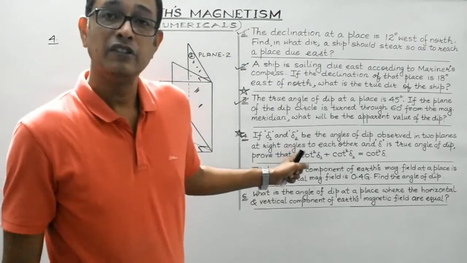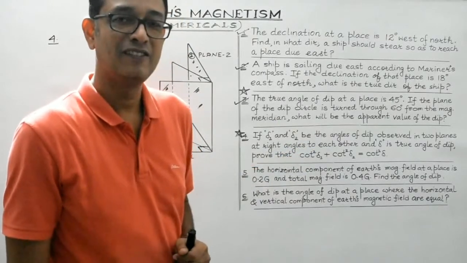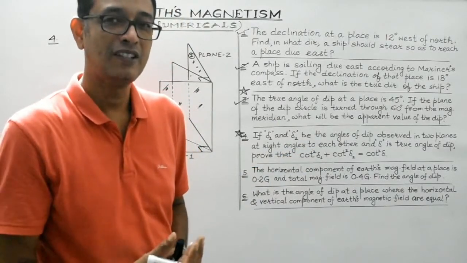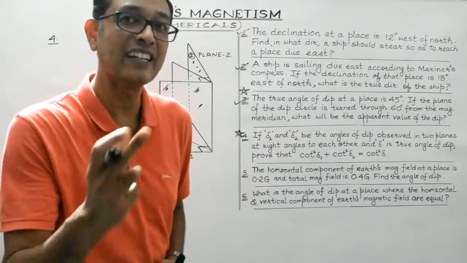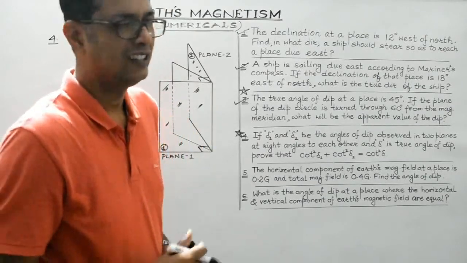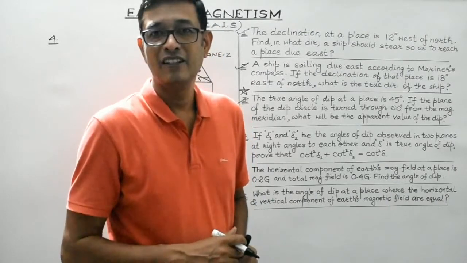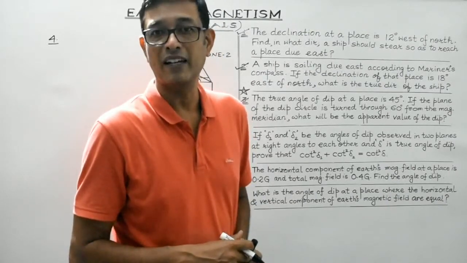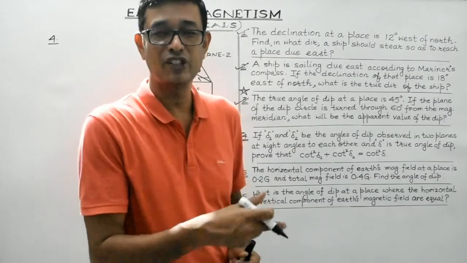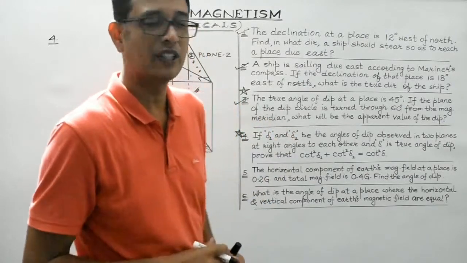Now, the true angle of dip is del. The true angle of dip, del, would be in the magnetic meridian, isn't it? The Earth's total magnetic field will lie in the magnetic meridian. Therefore, the angle which the Earth's total magnetic field makes to the horizontal is the angle of dip.